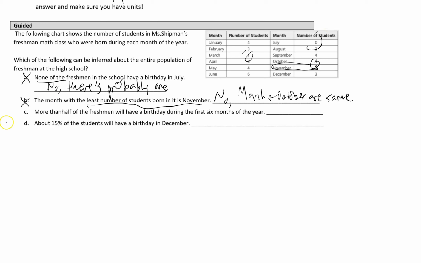All right, next, we have more than half of the freshmen will have a birthday during the first 6 months of the year. So if we tally up, we need to know the total here for the first 6 months and the entire total. So if we add up just the first 6 months, we have 4, 7, 8, 14, and 24.